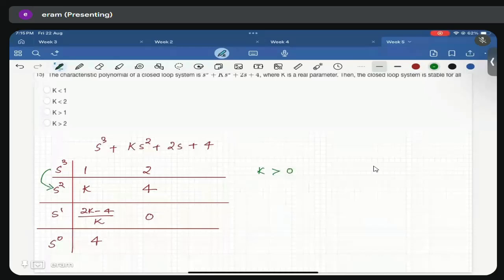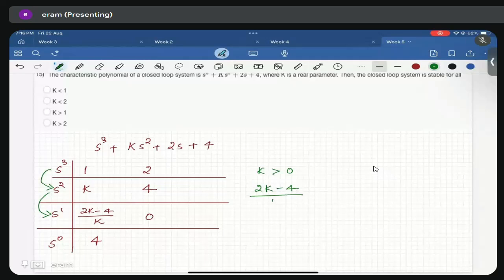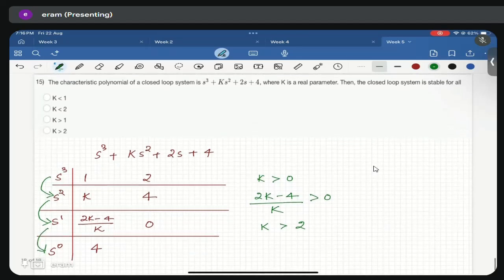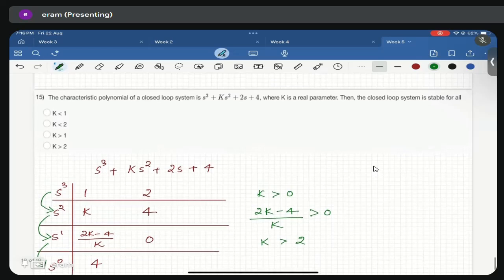To have no sign change here, we have to ensure this is greater than 0. From here, the condition is k should be greater than 2. And there are no sign changes here also, so no need to do anything. K should be greater than 2.